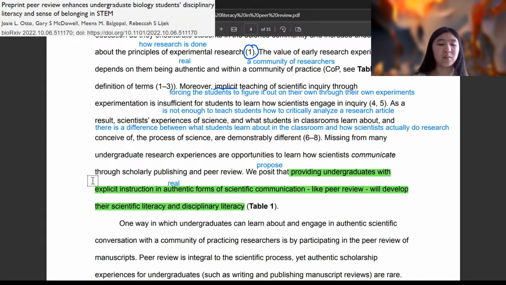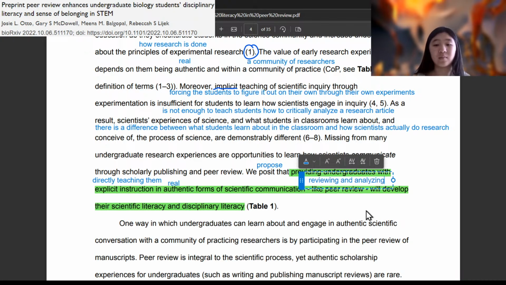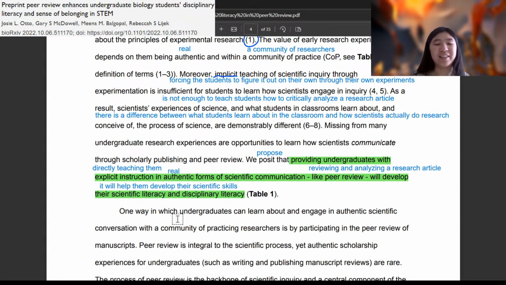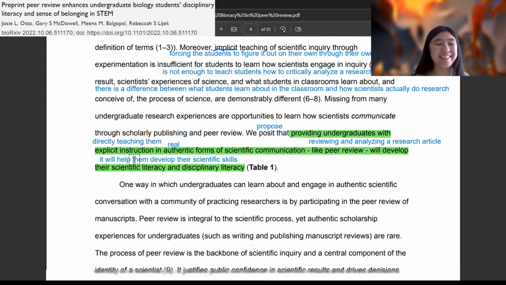Explicit instruction, so basically by directly teaching them real forms of scientific communication, like reviewing and analyzing a research article, it will help them develop their scientific skills. So that sounds pretty logical right off the bat. Or, well, it sounds like a no-brainer, really. If you teach someone how to do it, they'll know how to do it.